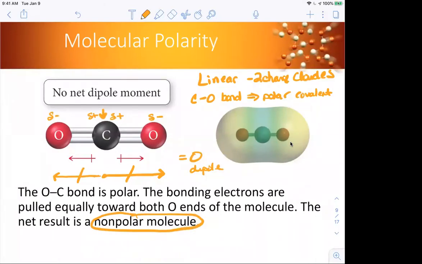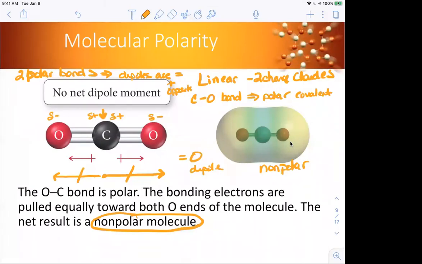So it contains 2 polar bonds, 2 carbon-oxygen bonds, but because the dipoles are equal and opposite, they cancel out, so what I get is a 0 dipole. This is a non-polar molecule that has polar bonds.